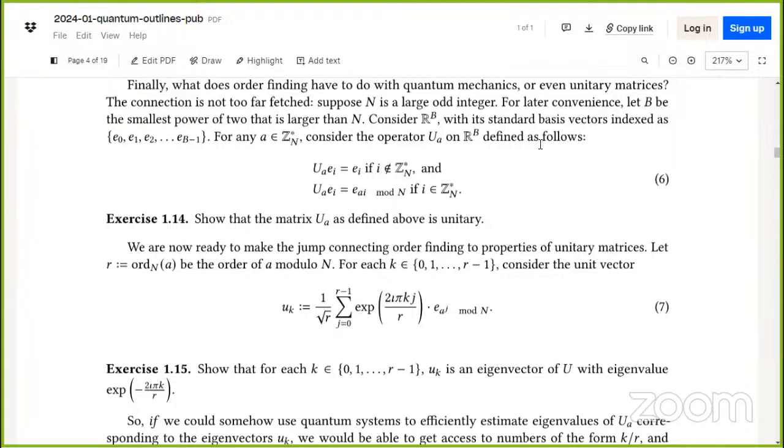Okay. So now what? Suppose we run our algorithm, what will happen? So now let's go back to this picture. So far what we have seen is that the vector 1, just the number 1, so all 0 and in the end 1, corresponding to the integer 1, is a uniform superposition of all these eigenvectors. Is that clear to everyone?